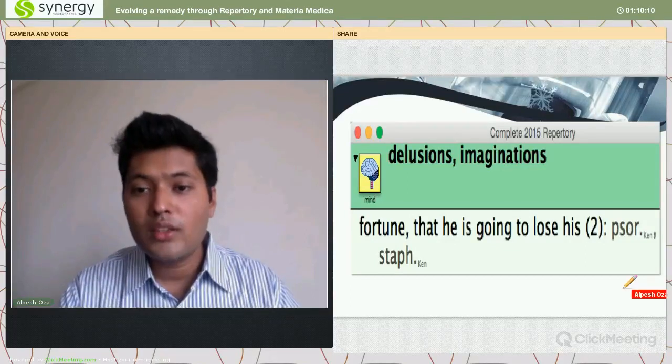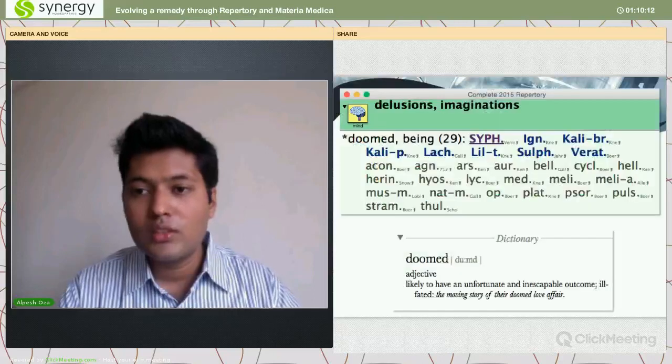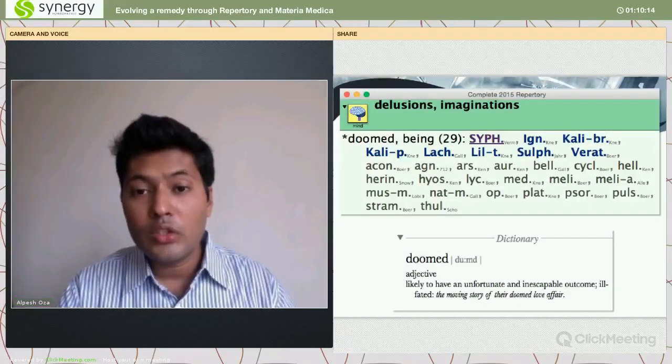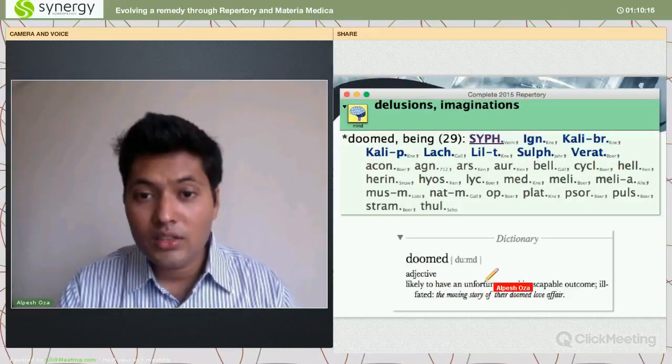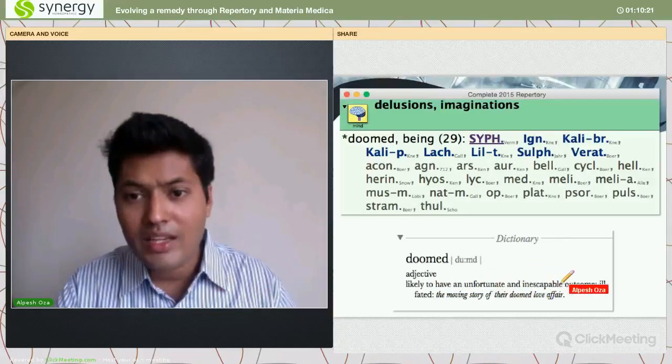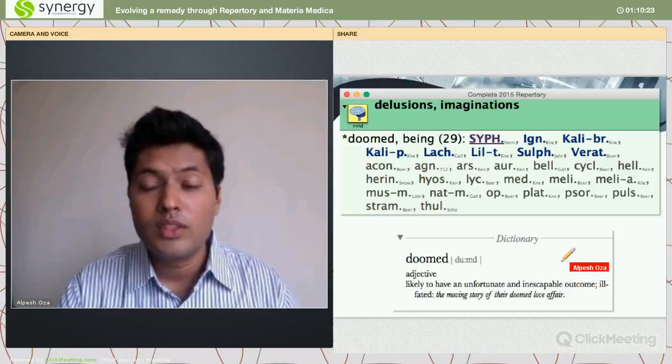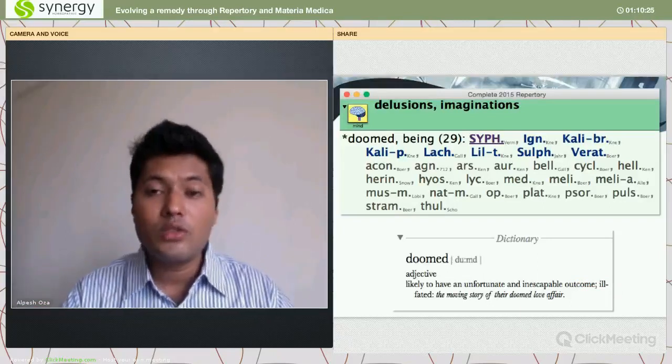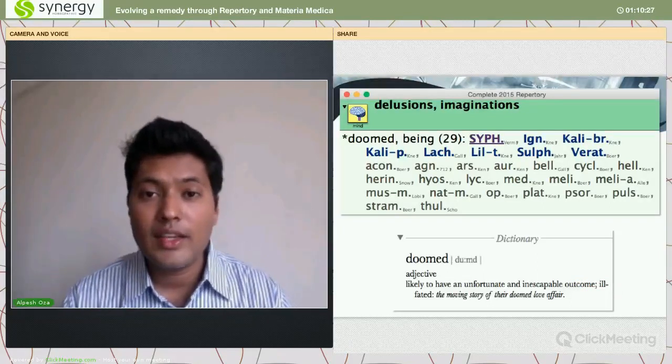So what do we understand through this symptom? Delusion, doomed being, that he'll have a very unfortunate outcome or an inescapable outcome. So what do these delusions explain to us?